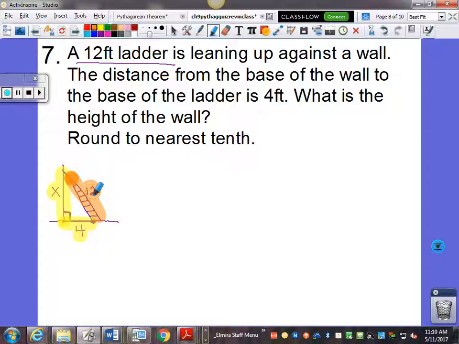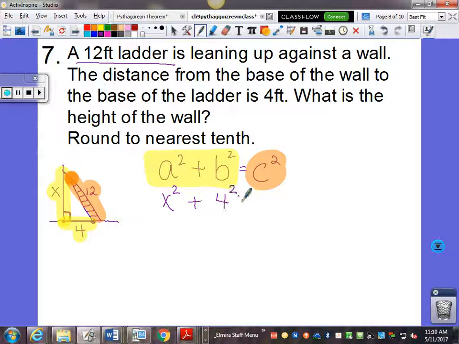So setting up a diagram and drawing it first makes this probably by now a no-brainer for kids to be subbing in. C squared is my color, a squared plus b squared here. Okay, so x squared plus 4 squared equals 12 squared.